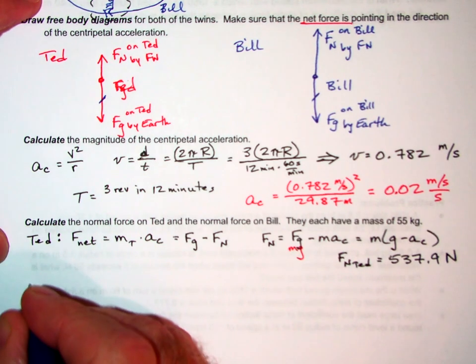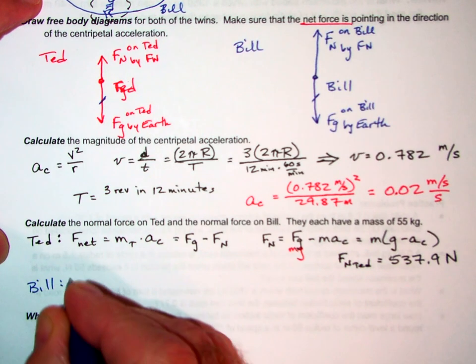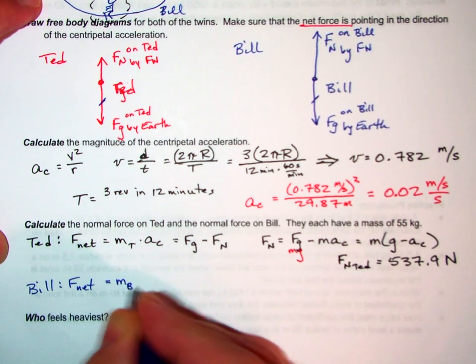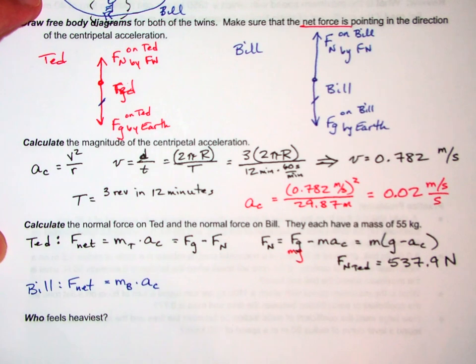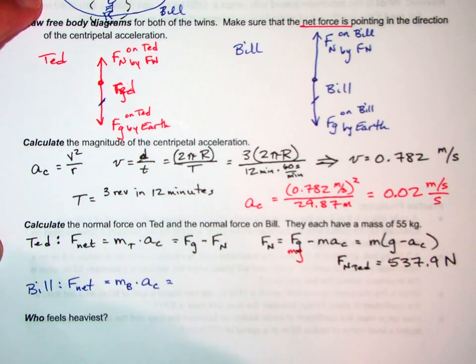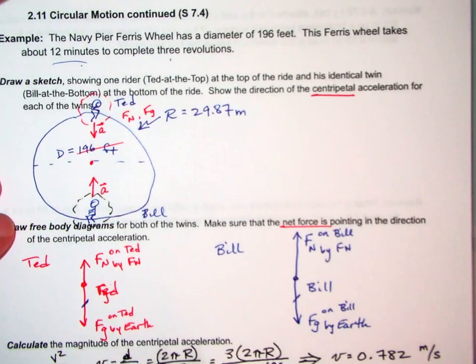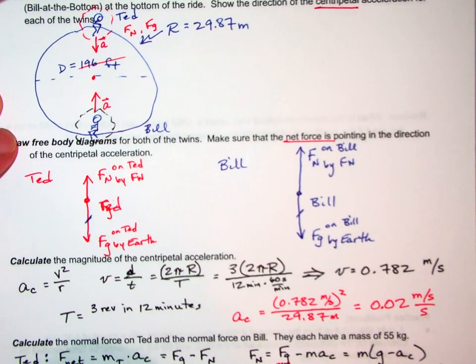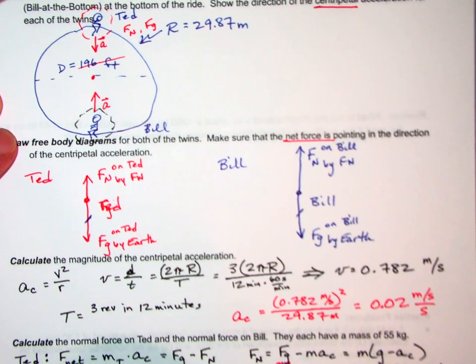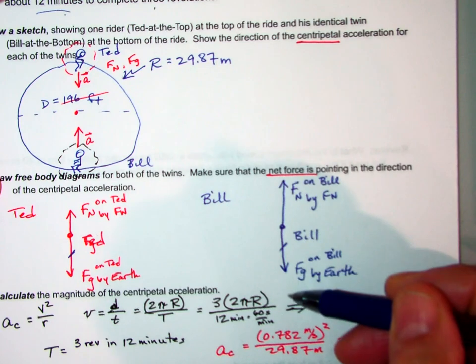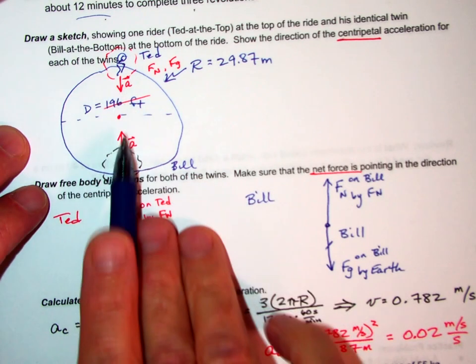Looking at Bill at the bottom, the net force on Bill is the mass of Bill times centripetal acceleration. But looking at the free body diagram on Bill, we know that the net force is toward the center. So we have the normal force, F sub n, minus F sub g, because we know that the normal force on Bill has got to be greater than the gravitational force because the net force is toward the center.